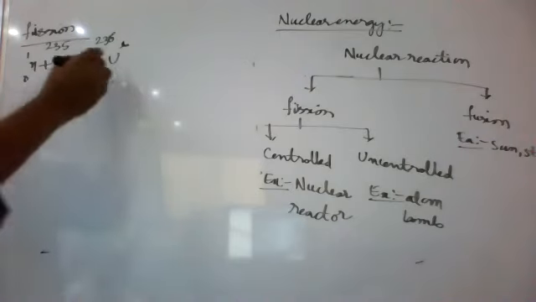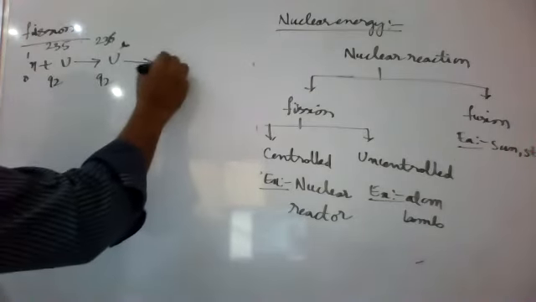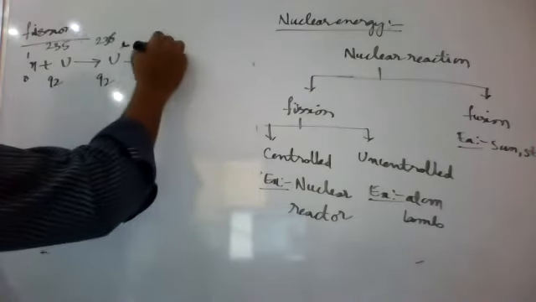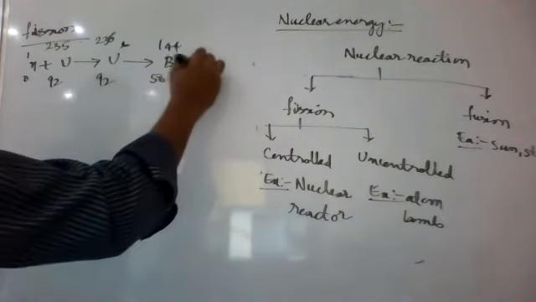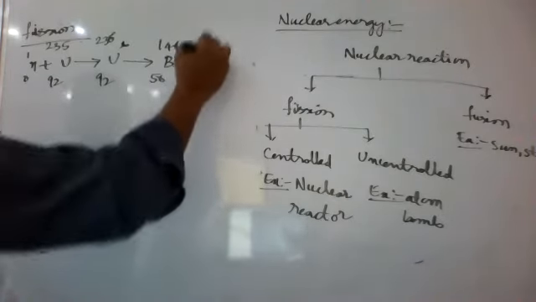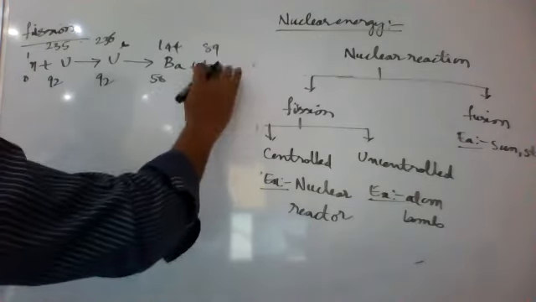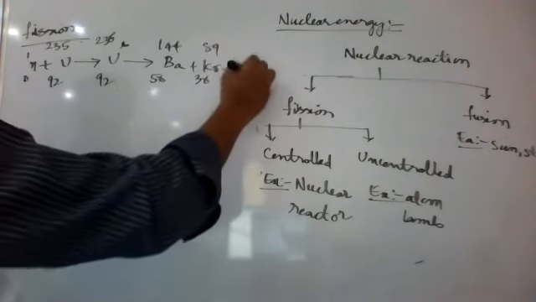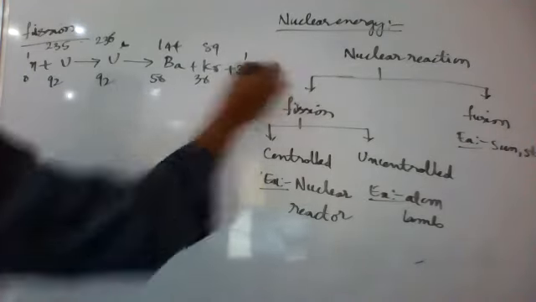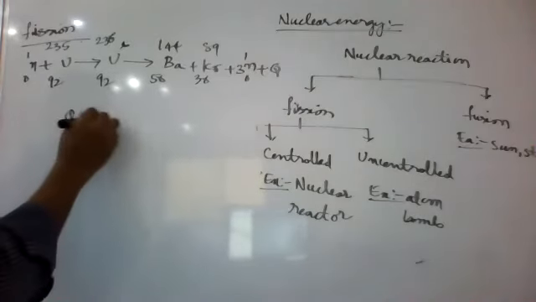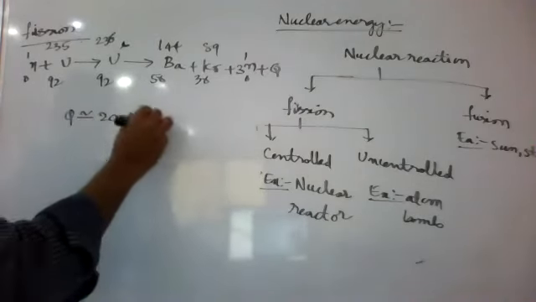So it splits into barium 56 144 plus krypton 36 89 plus 3 neutrons plus an enormous amount of energy Q. Q is approximately 200 MeV. This much energy is liberated.